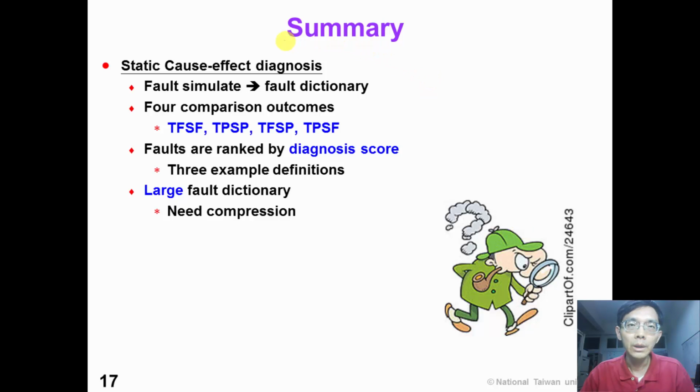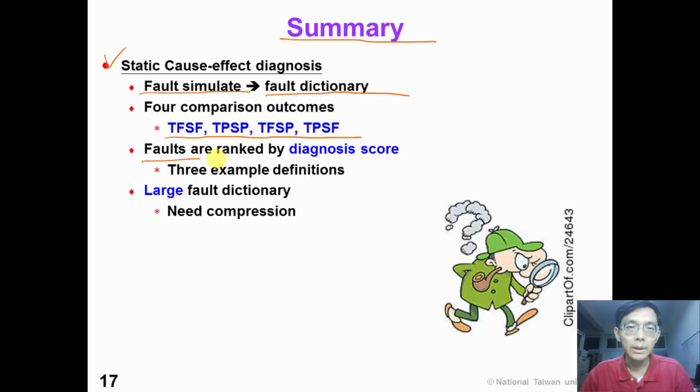In summary, in this talk, we have introduced the static cause-effect diagnosis. After the fault simulation, we create a fault dictionary. Based on the comparison result, we can have 4 outcomes, which are TFSF, TPSP, TFSP, and TPSF.